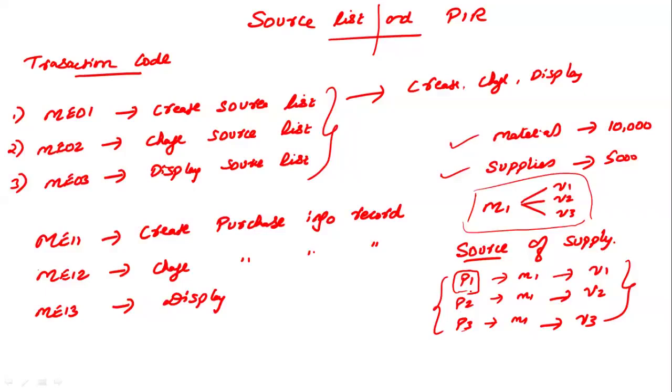And one more thing, we can have multiple vendors in this source list. In plant 1, the material is supplied by V1, and in this same plant, for the same material, it is also supplied by V2. These are the alternate vendors. There is no condition that you should have only one vendor. You can have n number of vendors.